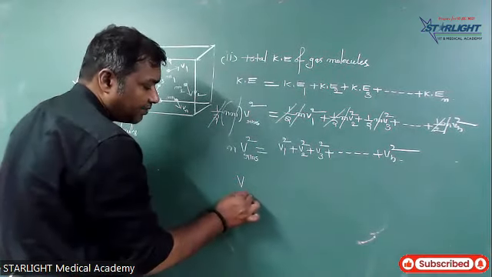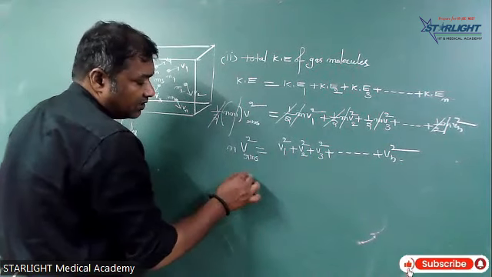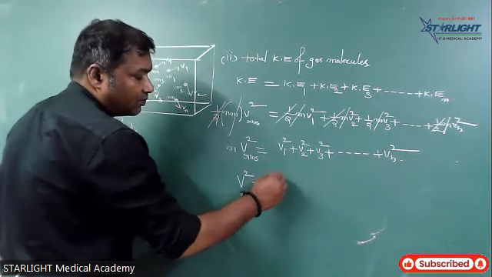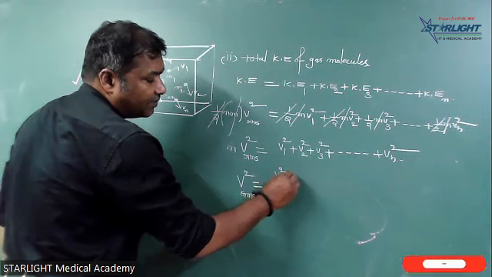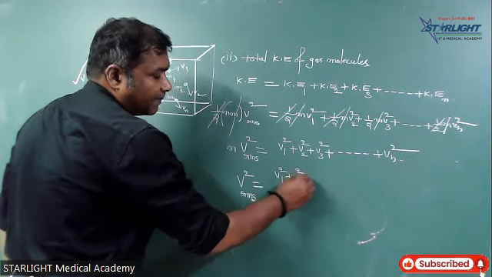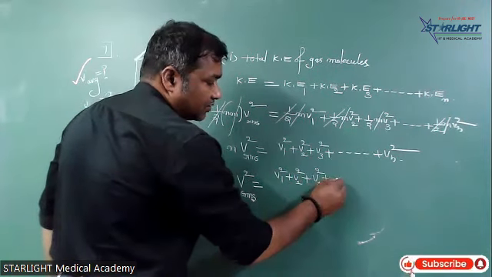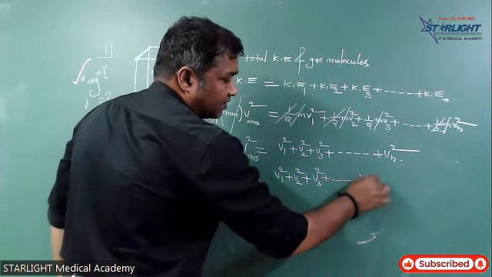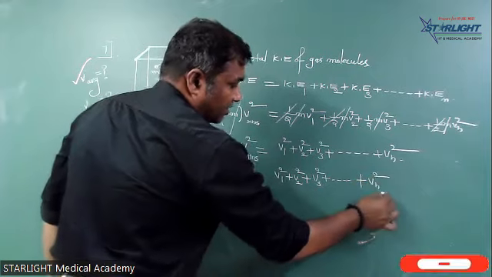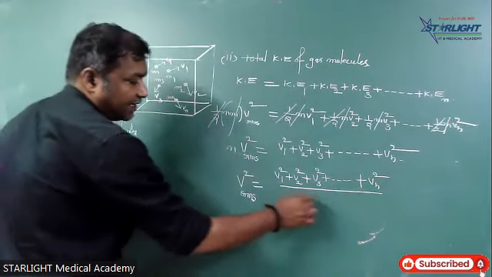So vrms square is equal to v1 square plus v2 square plus v3 square, and so on, plus vn square, total upon n.